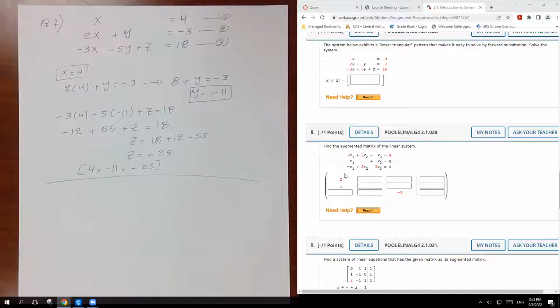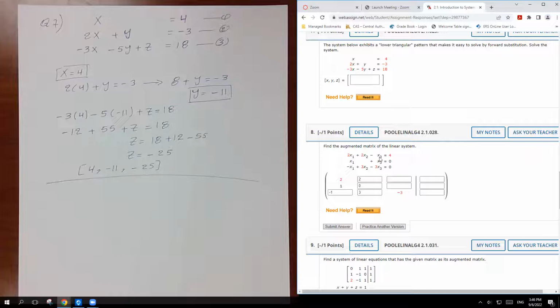So to write down the augmented matrix for this one, we're going to write down the coefficients: 2, 1, and here is negative 1. For the second column, 2, and you see on the second equation, there is no x2, that means it's 0. We're going to leave it empty. For the x2 with the third equation, it's going to be 3.